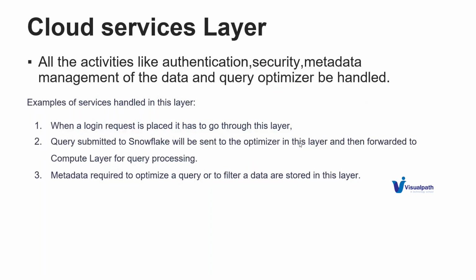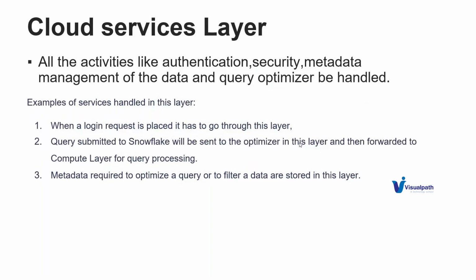This type of metadata management will be handled by the cloud services layer. Also how many records are there in each table, in each micro partition, that type of information it will handle. And query optimization, which I will discuss now. The query optimizer also will be handled.